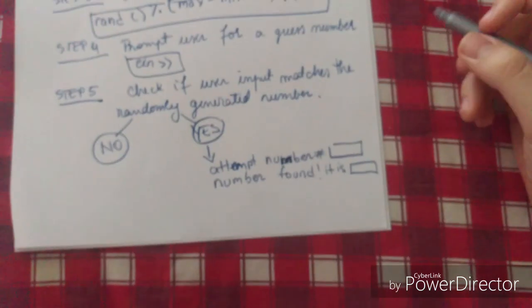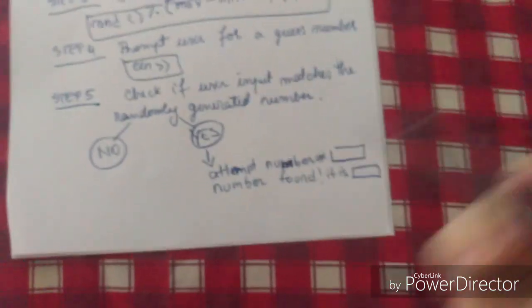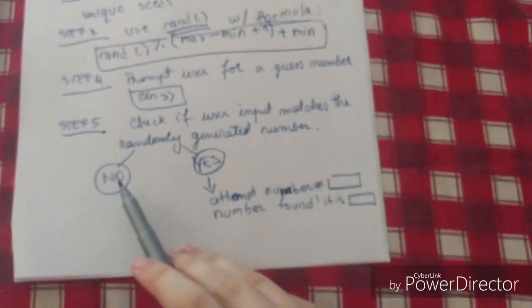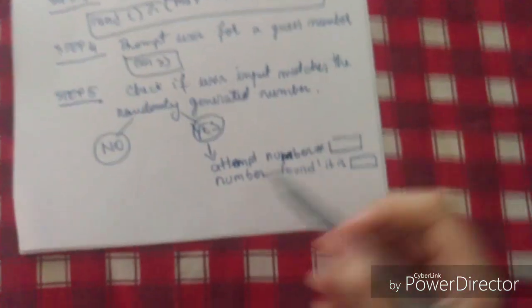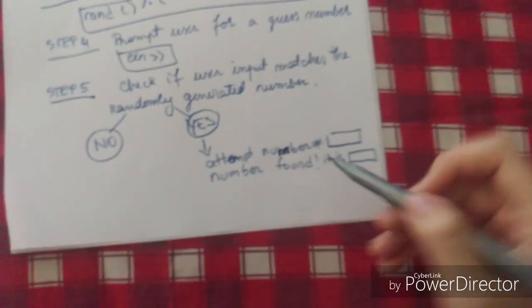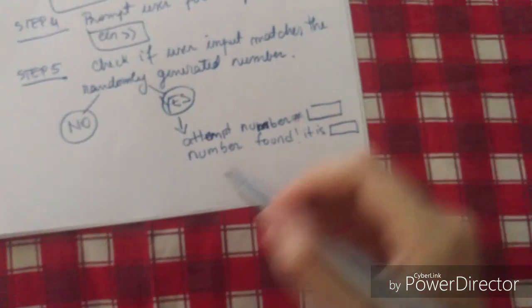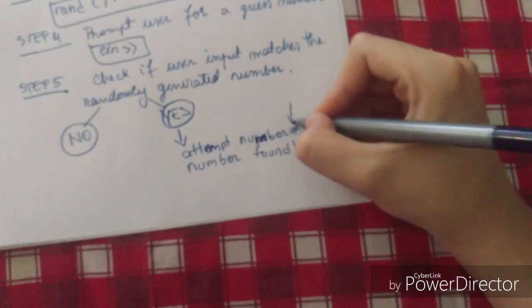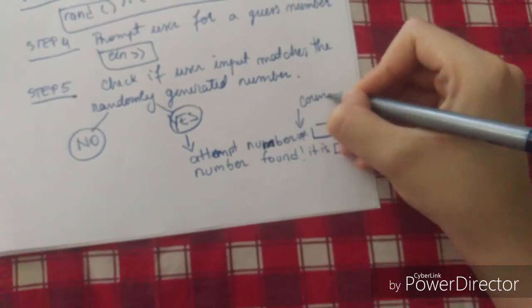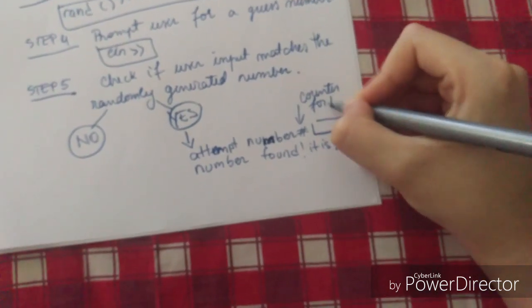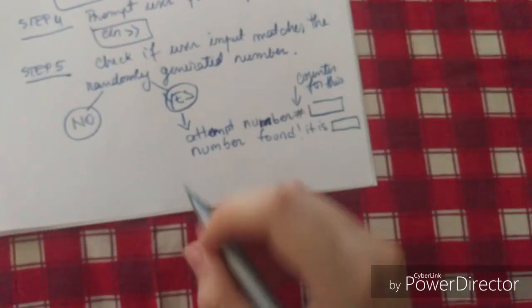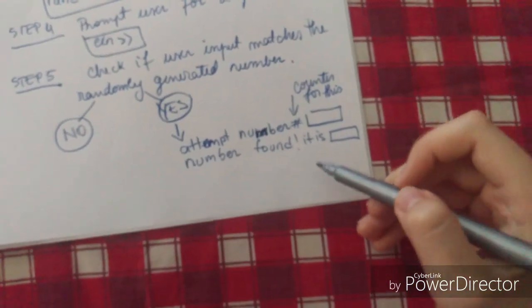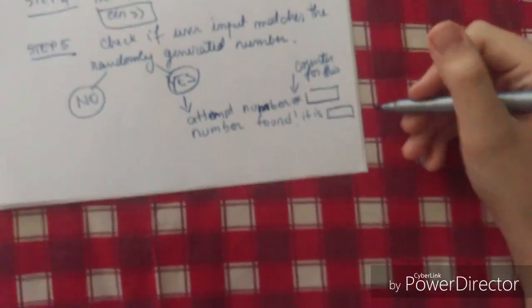Onward, we have to decide whether the number was found or not. So for no, we will have to do more steps. For yes, we just have to display a number, and whichever that is. And then for that, we're going to need a counter, of course. And then we're just going to display number found. It is, and then we're going to display the number.